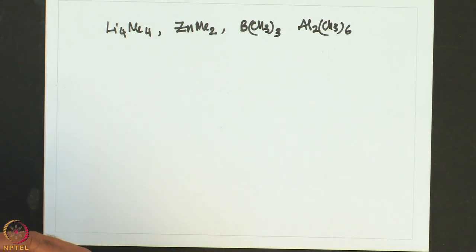For example, B(CH3)3, trimethyl boron, may be handled in a vacuum line, and inert atmosphere techniques are used for less volatile but air sensitive compounds. Compounds such as tetramethyl silicon and tetramethyl tin do not have low lying empty orbitals; if you consider silicon and tin, their 3d and 5d orbitals are very high in energy.